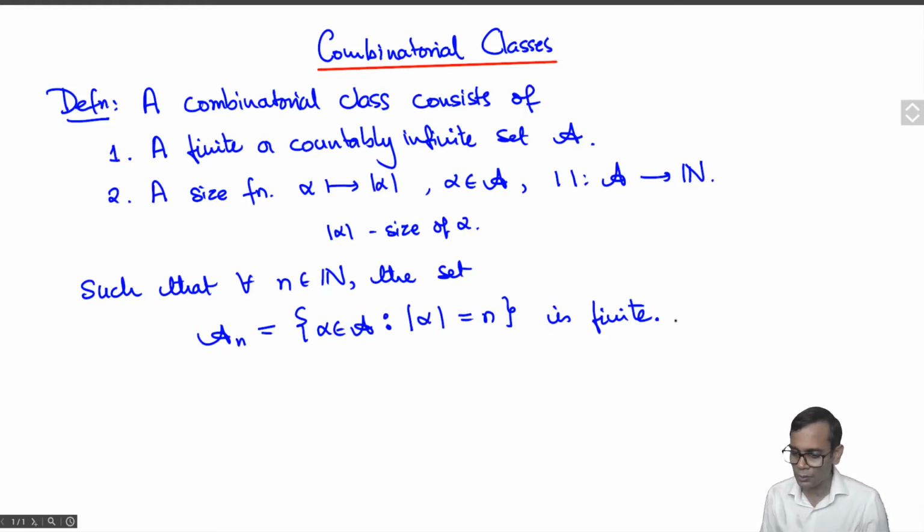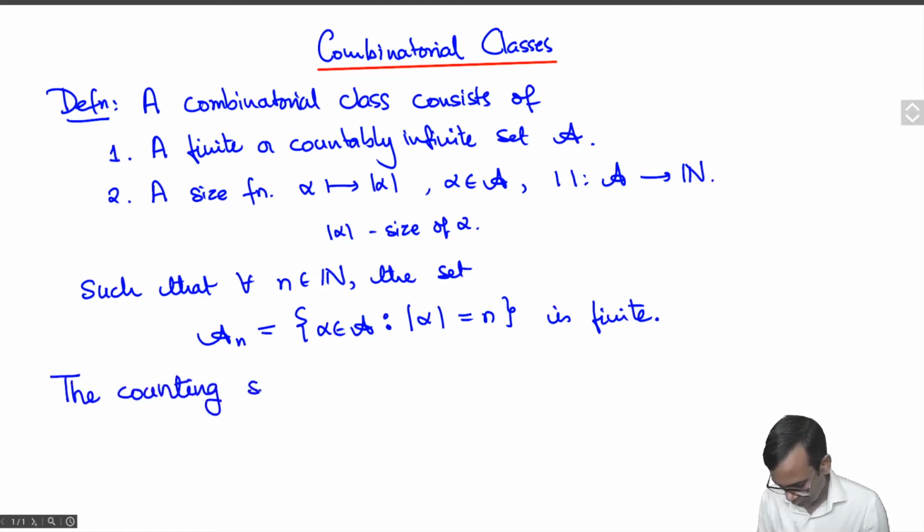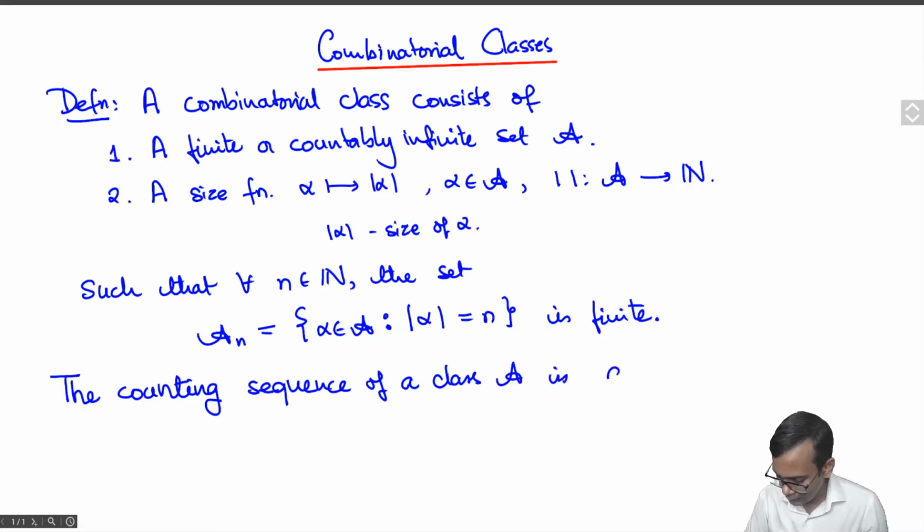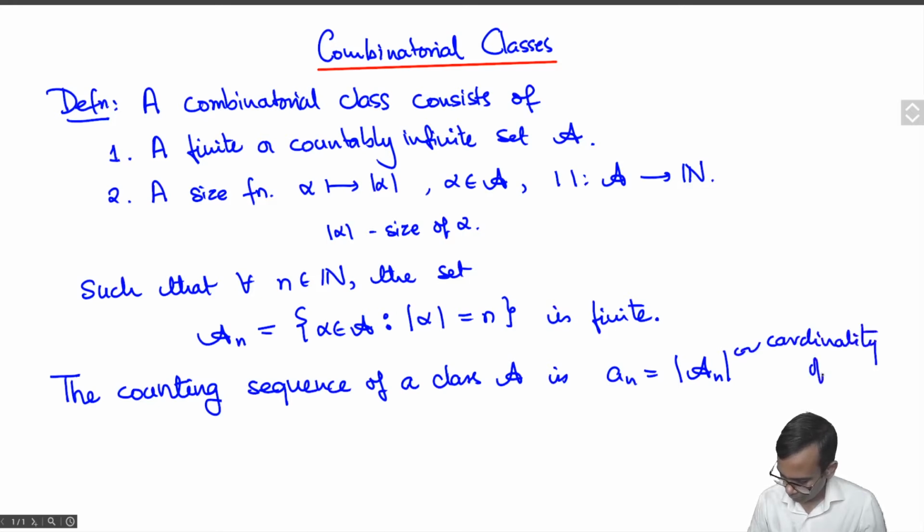And so once you have a combinatorial class, you can talk about its counting sequence. It is the sequence a_n, which is just the size, the cardinality, of A_n. And the ordinary generating function of A. Here ordinary is used to emphasize the fact that this is not an exponential generating function.